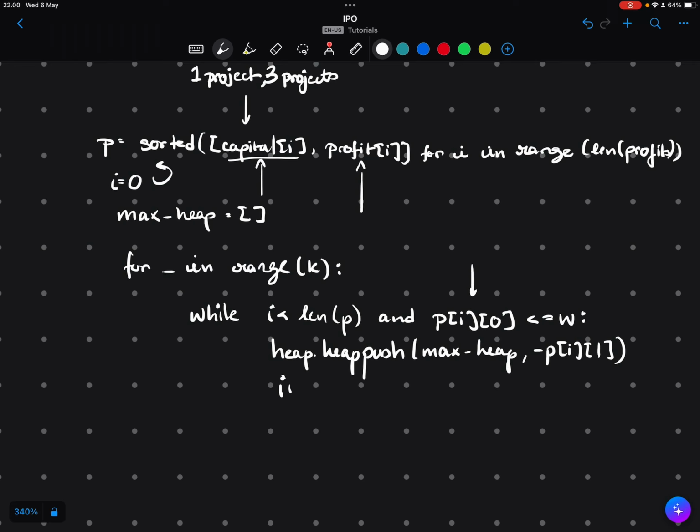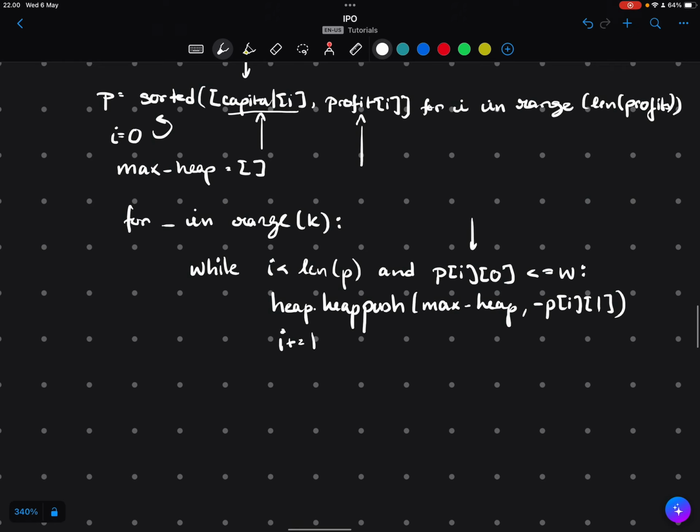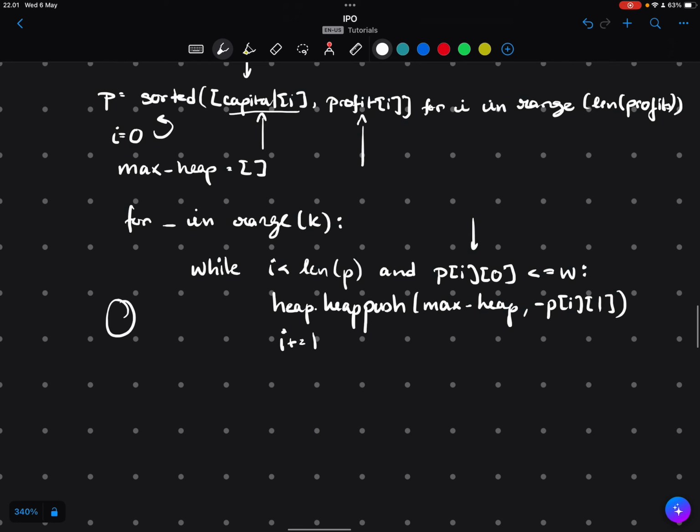So we would push in minus P[i][1], minus because it's a max heap. That's how it works in Python. I mean, not in Python only, but you have it negative so that the largest elements cluster to the top, as in we essentially cheat our way with it. Now we do this for every single project that is feasible for us.